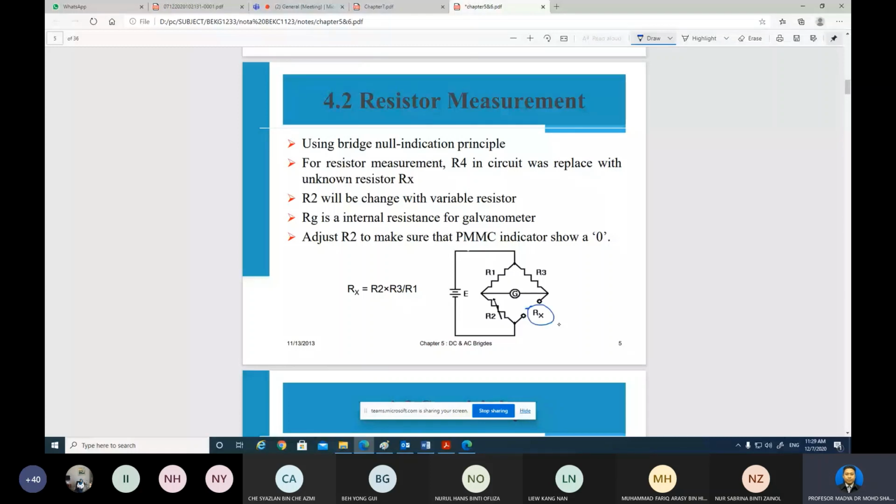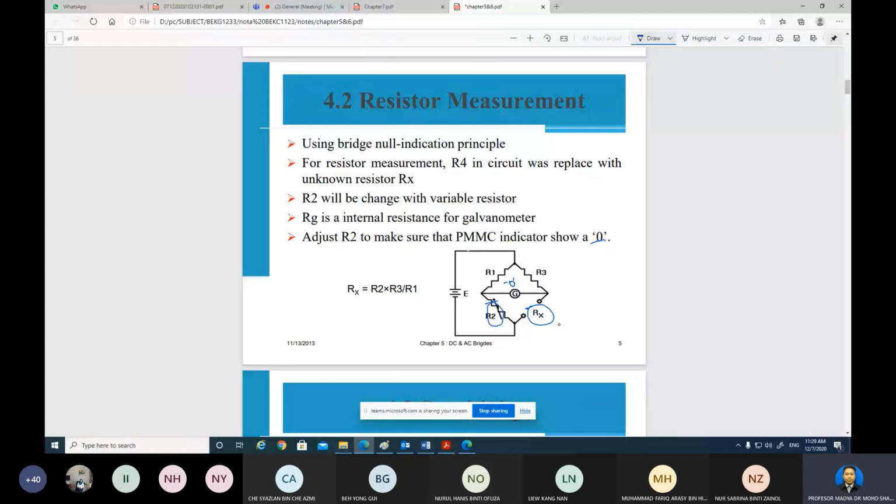R2 is the variable, which means we can adjust R2 so that the galvanometer indicates zero. That means the circuit will be balanced and the galvanometer will show the zero value. That is how to measure the resistance.